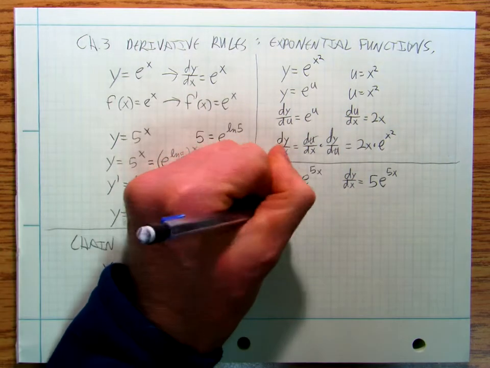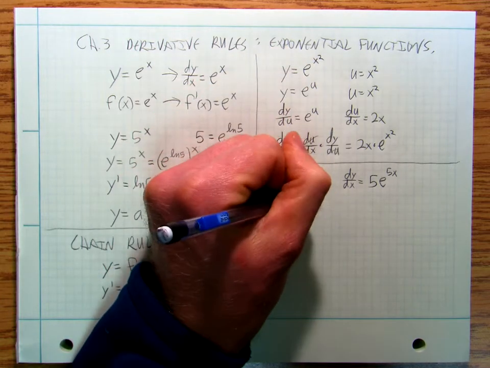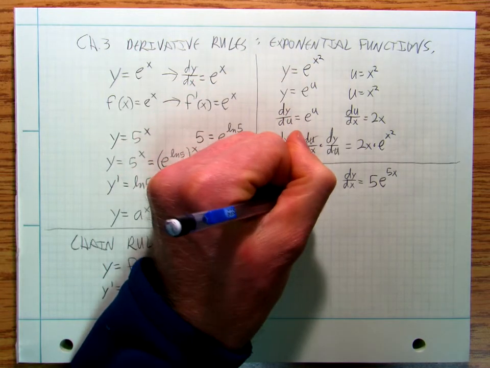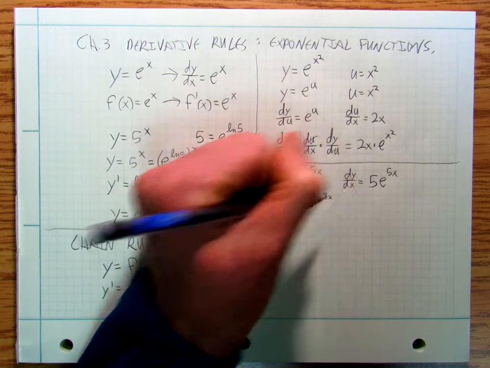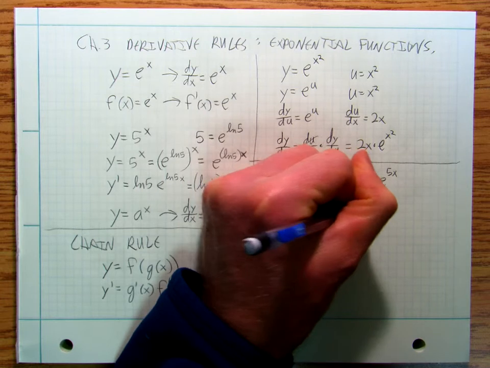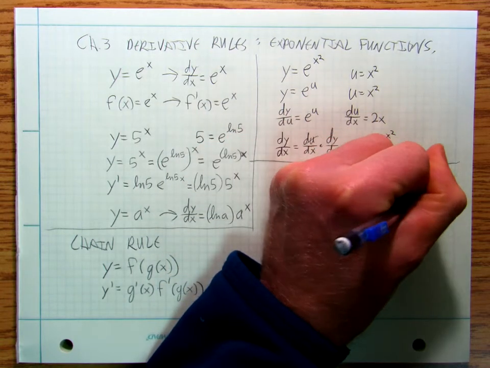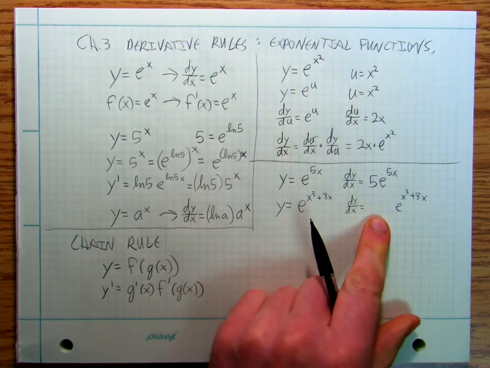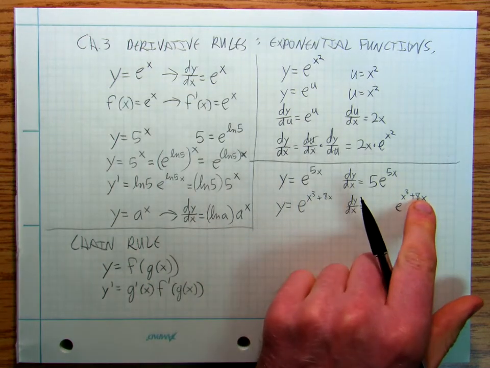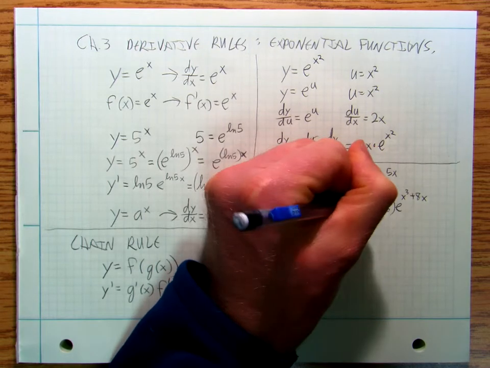We're going to do y equals e to the x cubed plus 8x. dy/dx is going to equal e to the x cubed plus 8x times the derivative of x cubed plus 8x, which is going to be 3x squared plus 8.